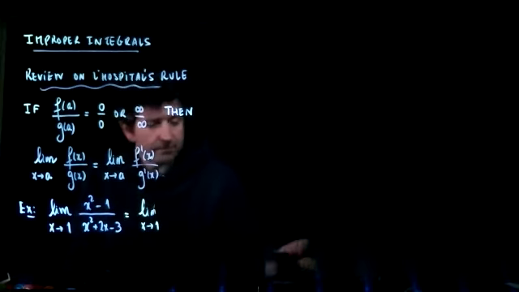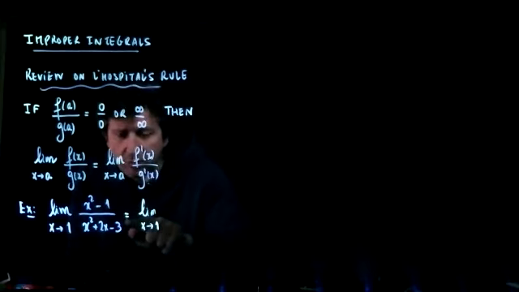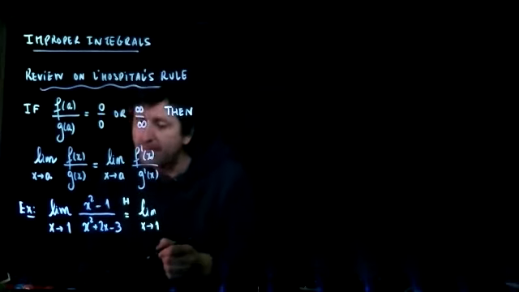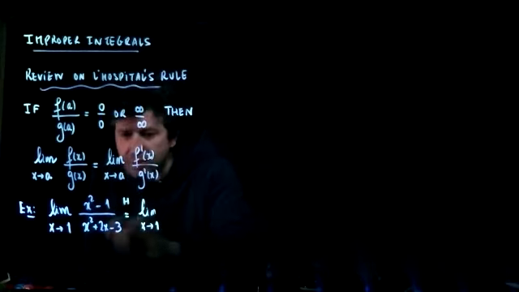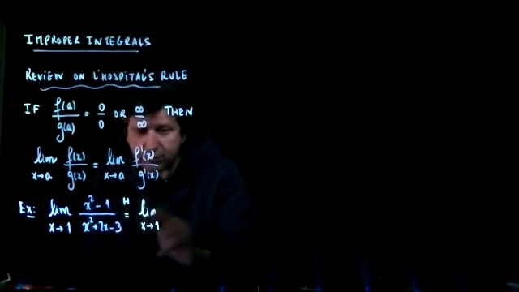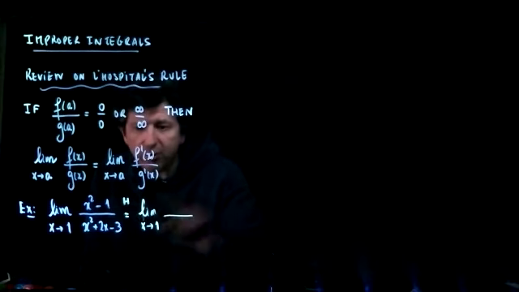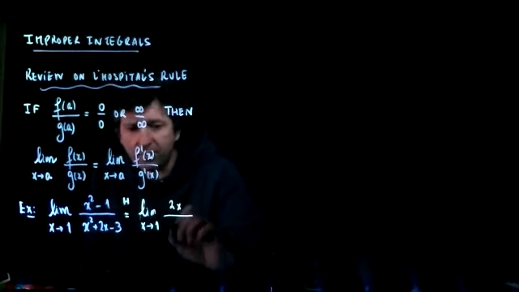And when I apply L'Hopital's rule, over the equal sign I'm going to put a little h, just to explain that from here to here, I applied L'Hopital's rule. Okay, and so the derivative of the top is, of course, 2x, and the derivative of the bottom is 2x plus 2.